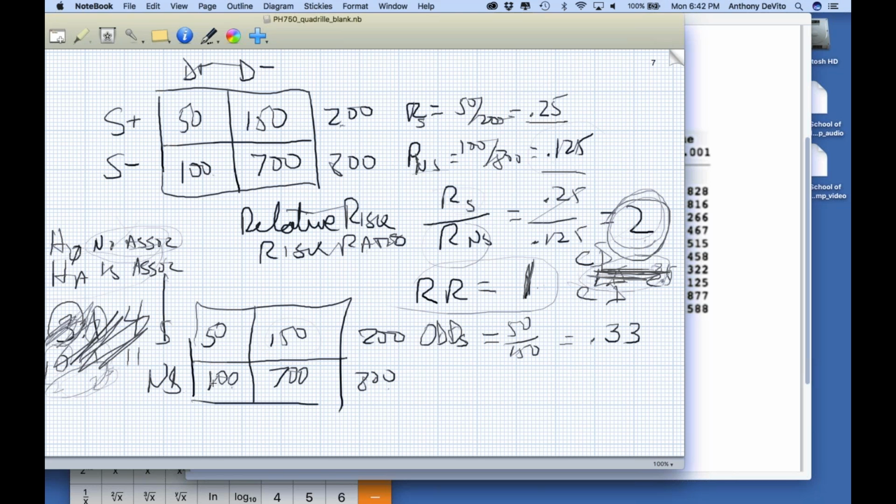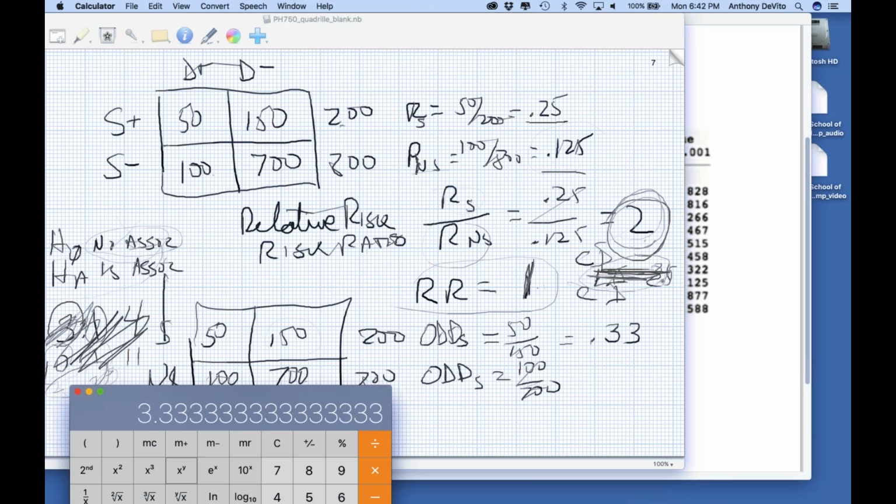Okay, good. So what about the odds for non-smokers? If we were looking at risk, we'd say 100 over 800 would be 0.125 or 12.5%. But the odds are 100 out of 700. If you had 800 people, 100 would have lung disease and 700 would not. So it's 100 over 700. Let me calculate that.